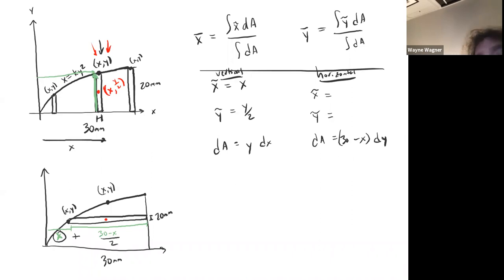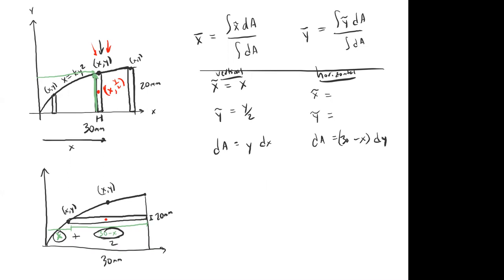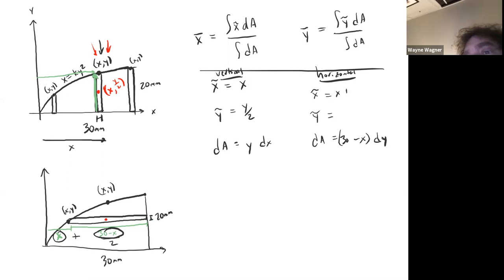Because I don't want to go this full 30 minus x. I only want to go half of it. So we're going to go x plus (30 minus x) over 2. And we'll probably simplify that if we actually wanted to use these horizontal boxes. But I think it should be pretty clear that these horizontal boxes are very difficult.